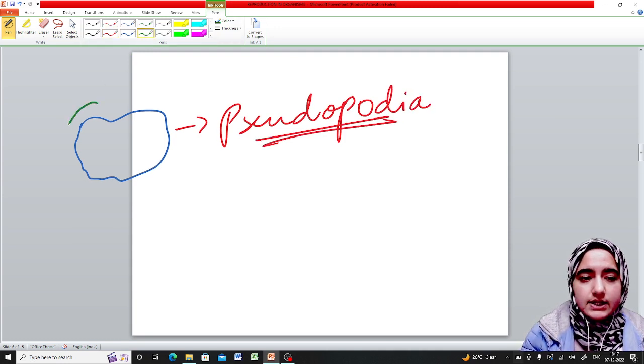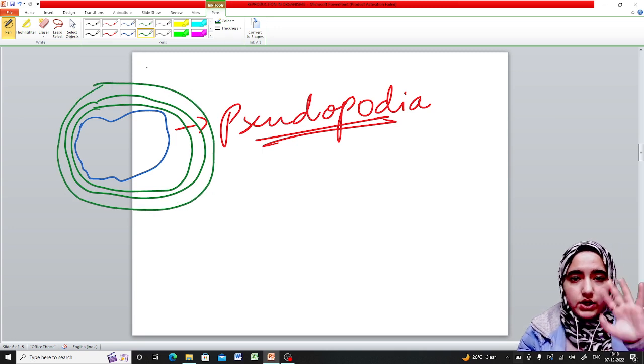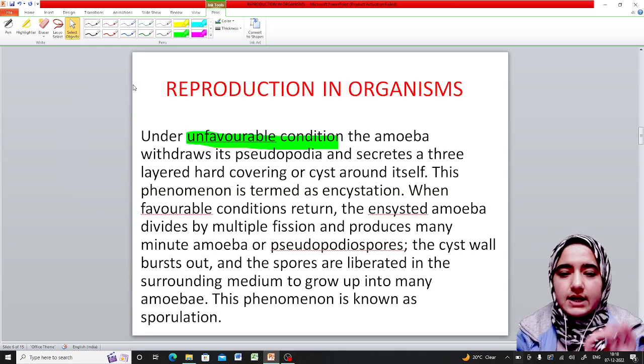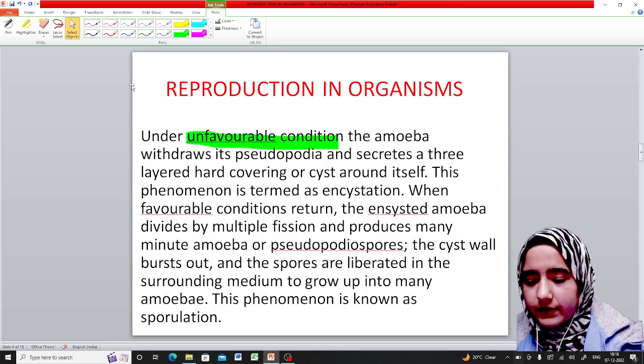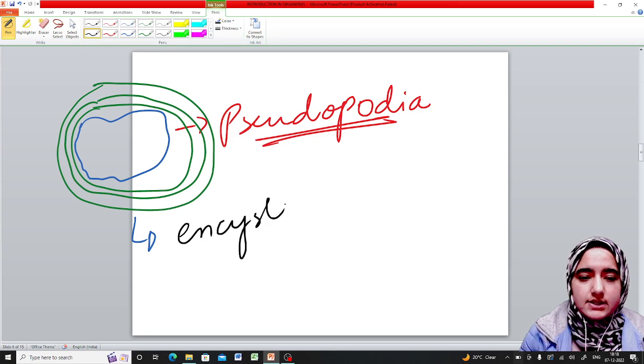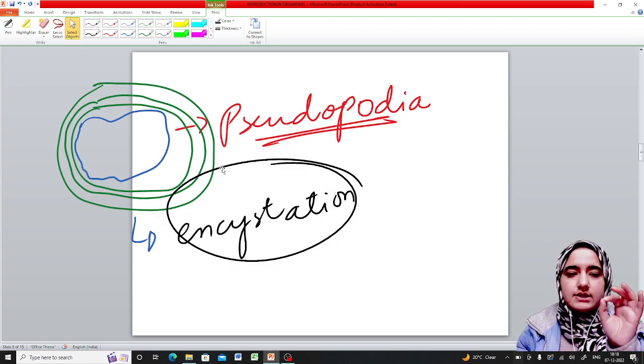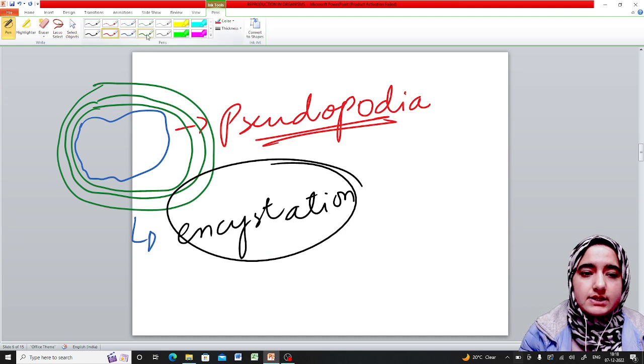I mean, it secretes three layers around itself: this is 1, this is 2, and this is 3. It secretes three coverings around itself, which is known as encystation. It is surrounded by a cyst, these three coverings. This we call encystation.